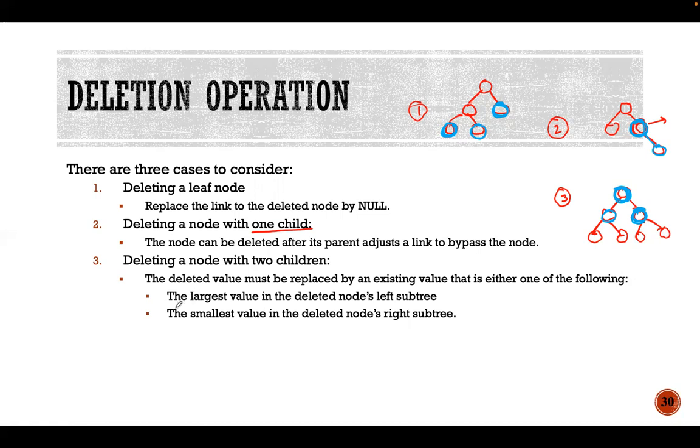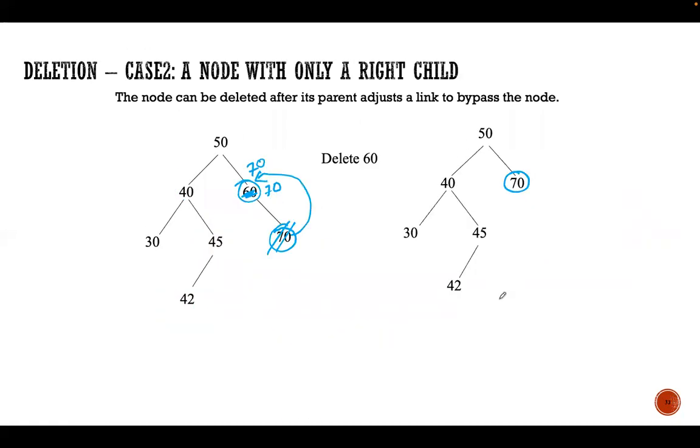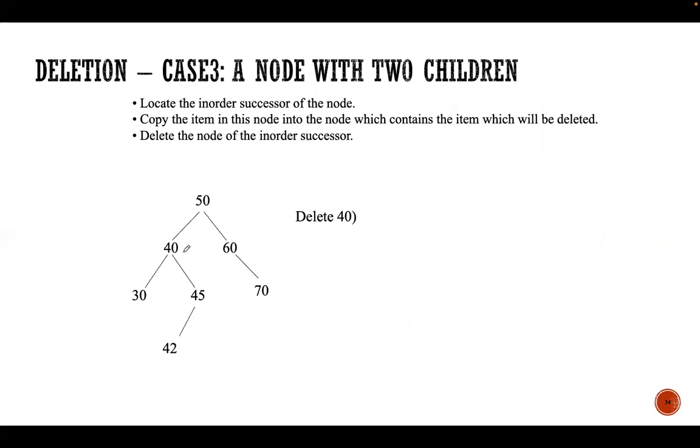So we can pick the largest value in the deleted node's left subtree, or we can pick the smallest value in the deleted node's right subtree. So let's see one example. Here, we are trying to delete 40.